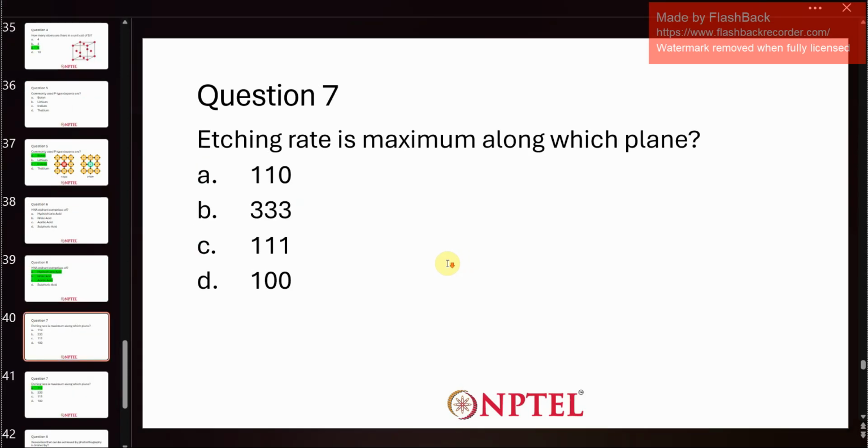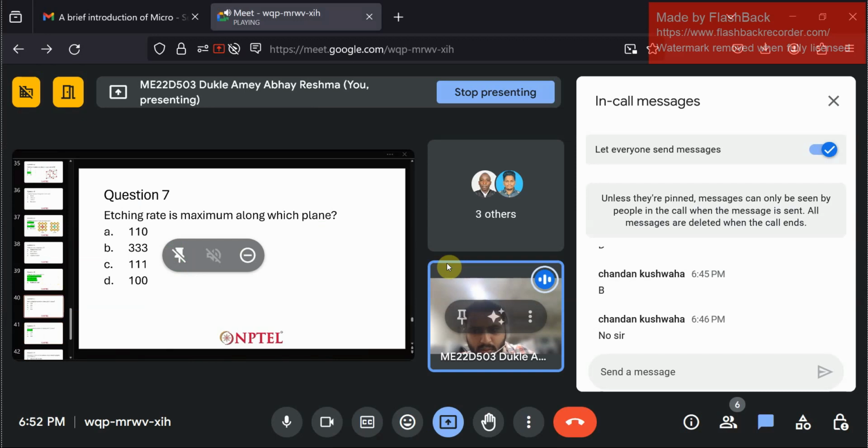So again, this is a fundamental question. Etching rate is maximum along which plane? To understand this, I will just ask you one thing. When do you think the etching rate will be high?